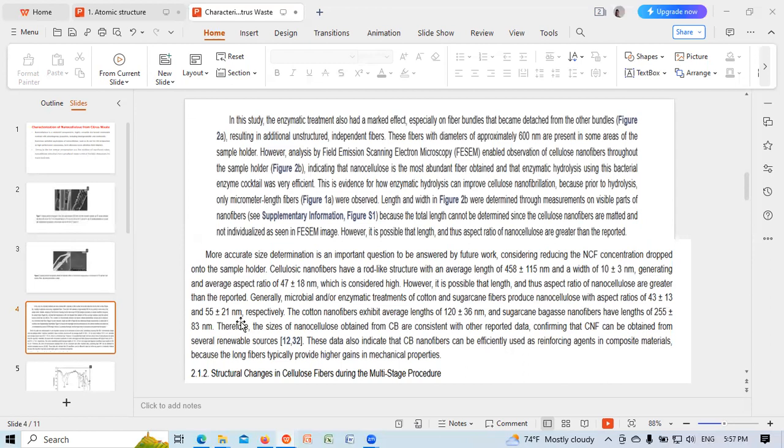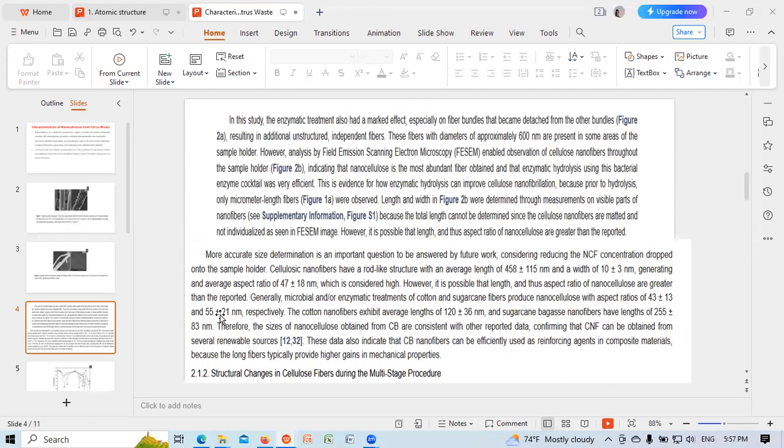More accurate size determination is one of the important questions to be answered by future work, considering reducing the concentration dropped onto the holder.